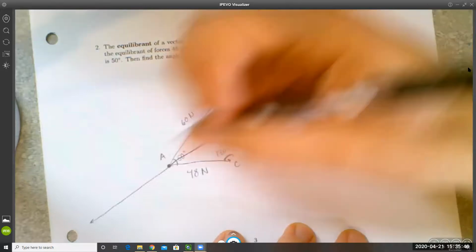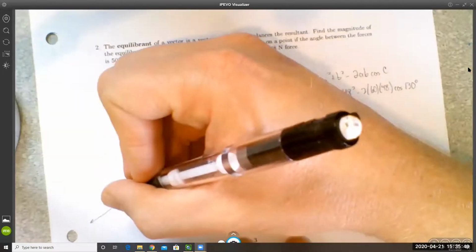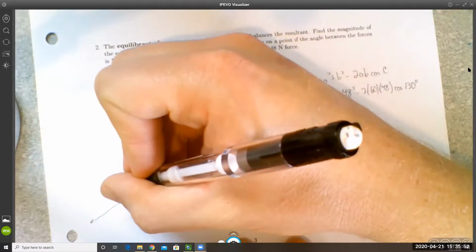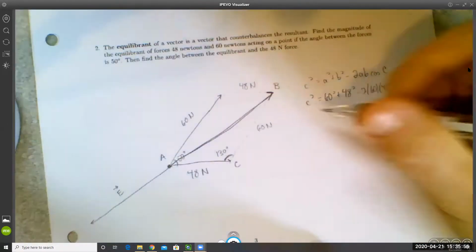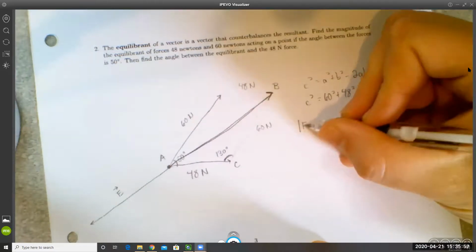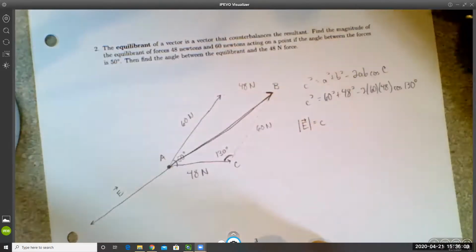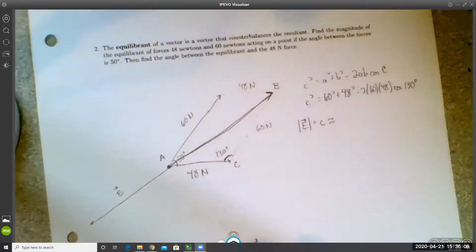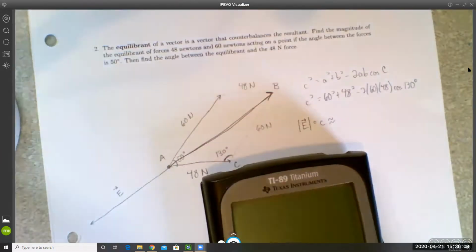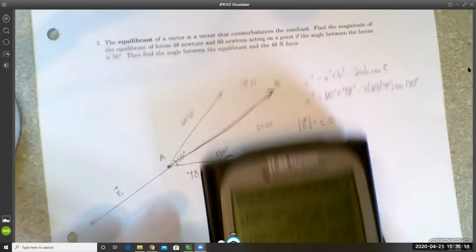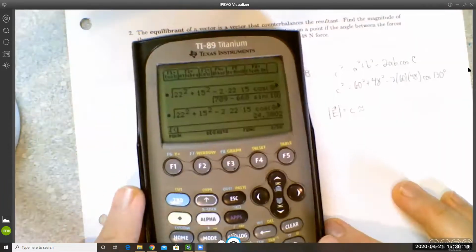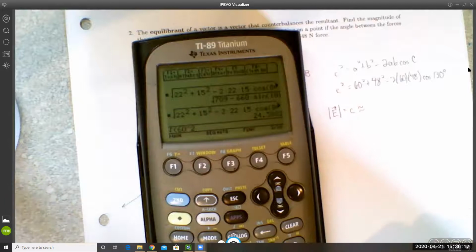Maybe I'll give this a name, equilibrant. So maybe I'll call it E for equilibrant. And so instead of c squared, I'm going to say magnitude of E is really the same thing as c, which is approximately the square root of 60 squared plus 48 squared minus 2 times 60 times 48 times cosine 130.